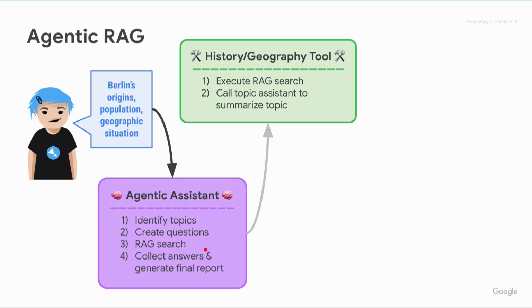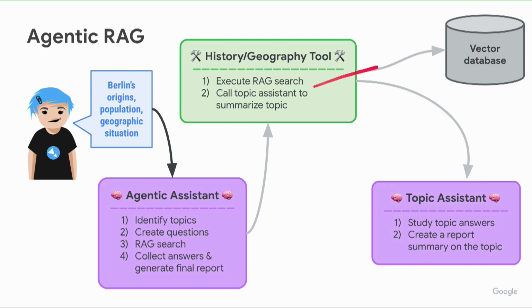So this agent has access to one tool, let's say a history geography kind of tool, which does the RAG search, so it gets the answers, and it's going to call another agent whose job is just to study the topic, the answers, and create a report on just one topic: population, origin, geographic situation. So it's returning one report.